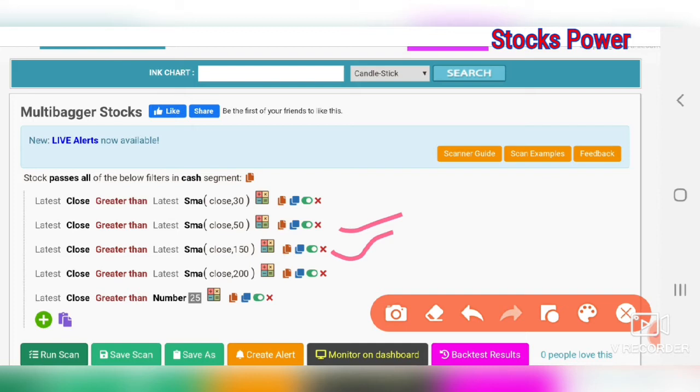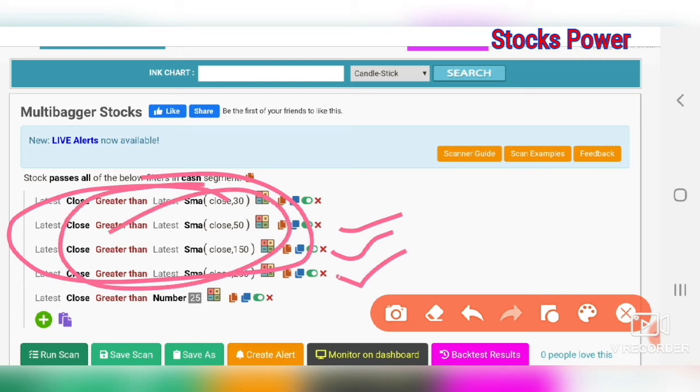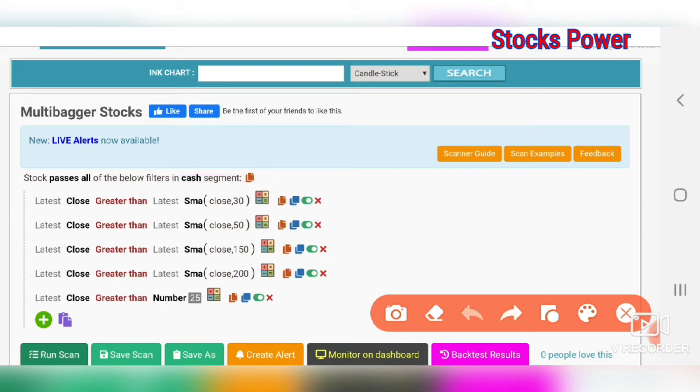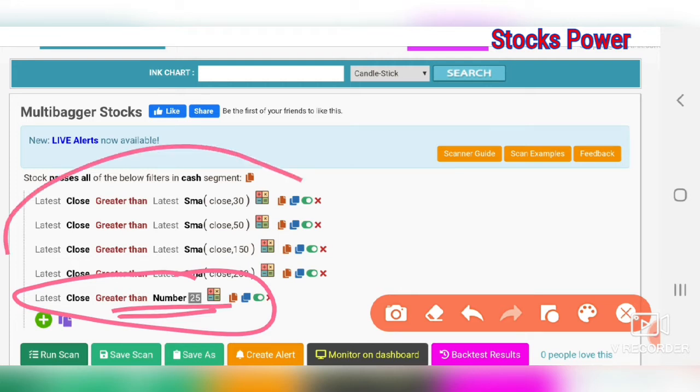And the fourth one is the candle should close above the 200 EMA in daily charts. These are 4 moving averages above which the candle should close in the daily chart. And the last one is the stock price should be above 25. So this is how we have to keep the charting setting.